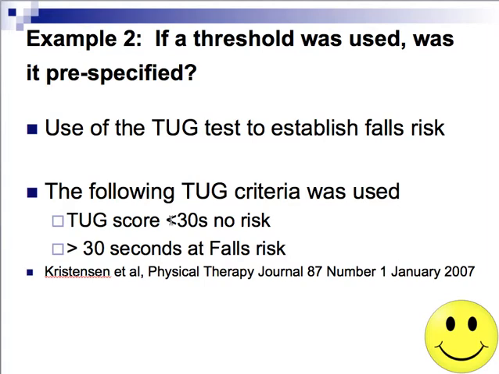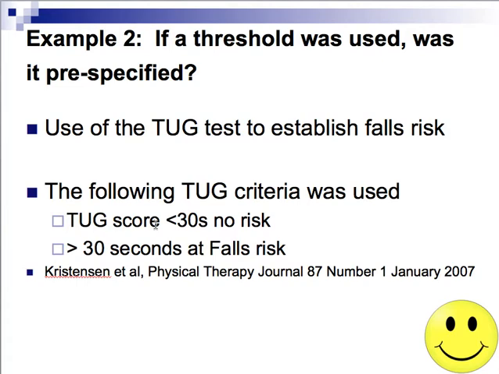We ask the person to stand up, walk 6 meters, turn around, go back, and sit back in the chair, and we time that performance. The average times for healthy people are around 11 seconds, and it gets longer as people have lower functional ability. But where that cutoff gets drawn to decide falls risk is an open question.